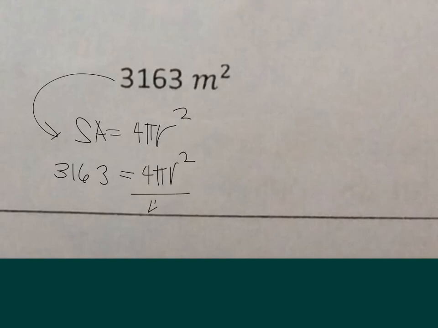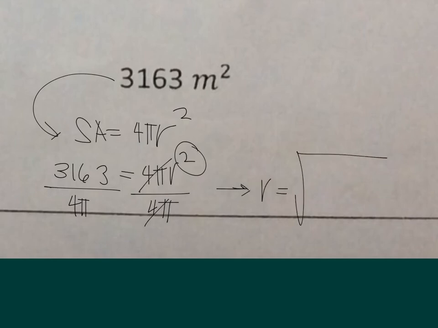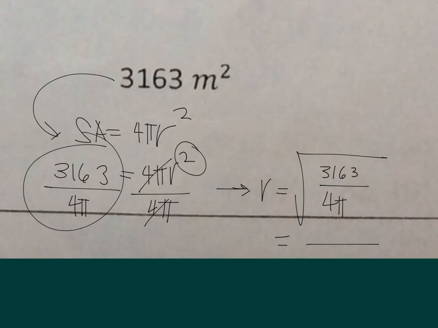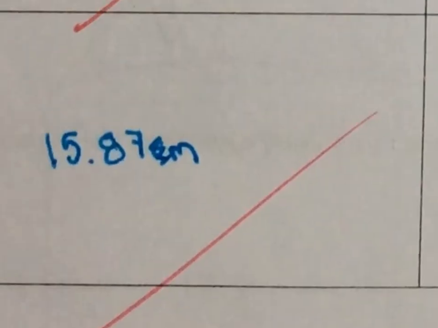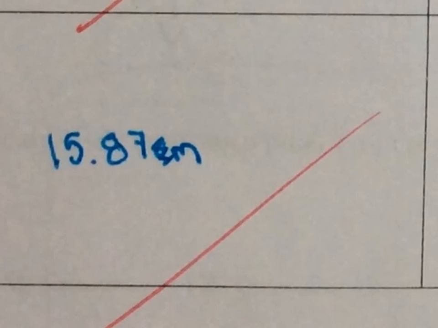So manipulate, divide by 4 pi, cancel, and for the r, just reverse the square. R is the square root of this divided by 4 pi, and this will give you the value. Based on our answer key, that will be 15.87.